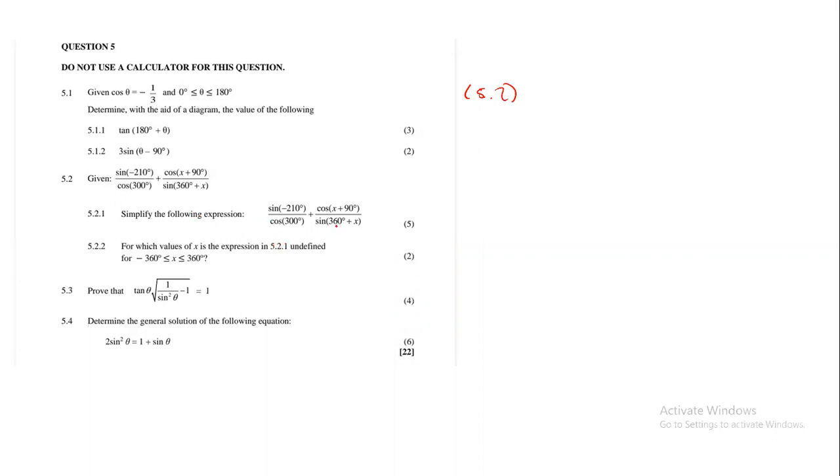That means in order for us to simplify this, we're going to have to understand our basics from the core of trigonometry, okay? So now let us rewrite it first.